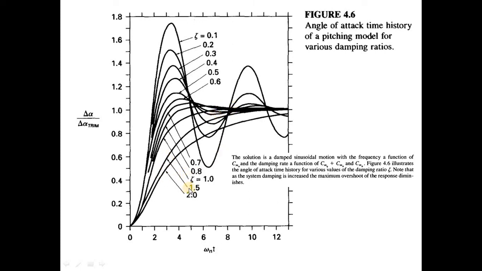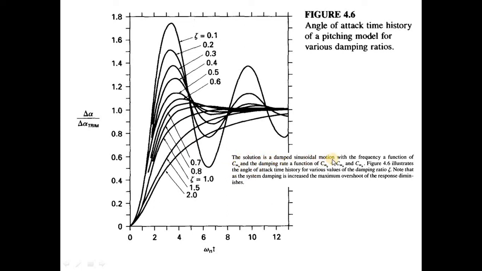If you look at this, this is for critically damped, so the overshoot is zero, and this is overdamped, for the case of 1.5 to 2.0. So this is the impact of damping ratio on the response.